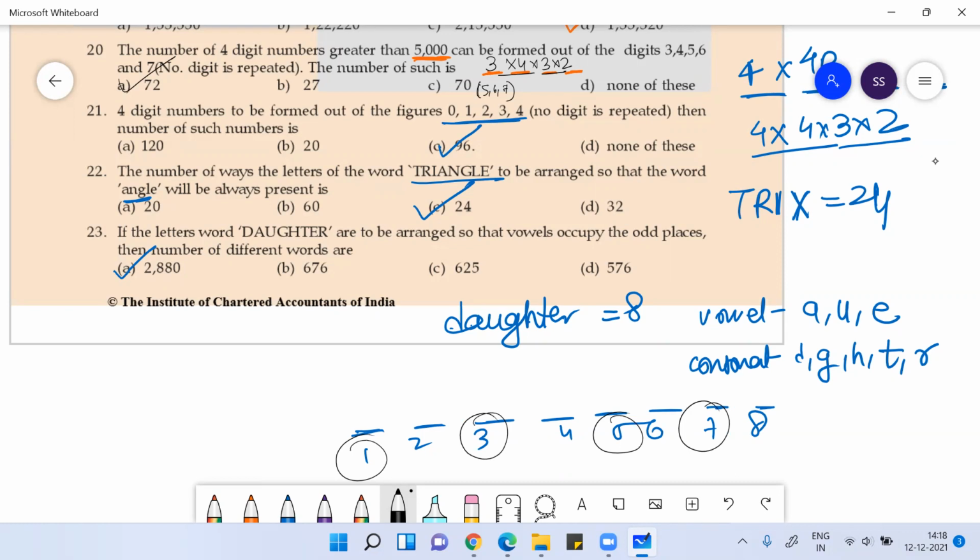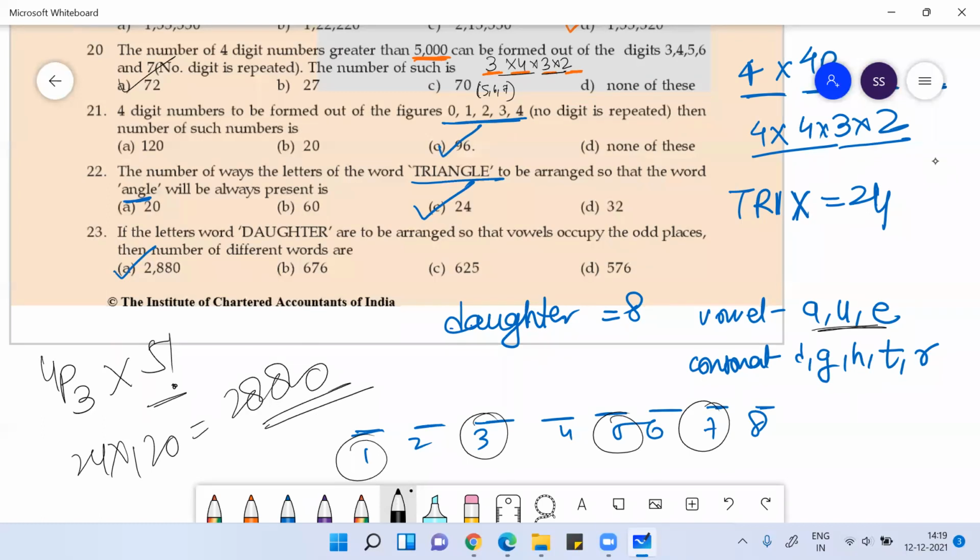So 3 vowels, 4 places, they can occupy the places in 4P3 ways. Then a total of 5 letters are left. They can interchange their places in 5 factorial ways. So this would be 24 and this is 120. So 2880.